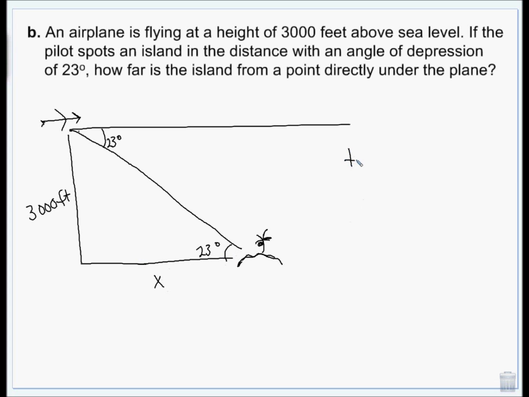Well, again, tangent is opposite over adjacent. So this time we have tangent of 23 is equal to 3,000, which is our opposite, over x, which is our adjacent. We can switch the places of the tangent and x. So x is equal to 3,000 divided by the tangent of 23.